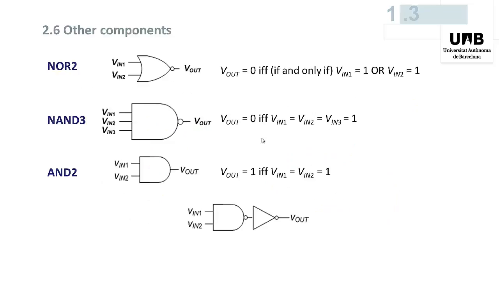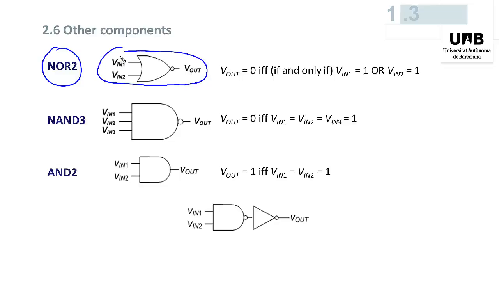Other components can be defined. We are going to mention some of them. An OR2 gate generates an output 0 if and only if at least one of its inputs is equal to 1. And you see here the symbol.